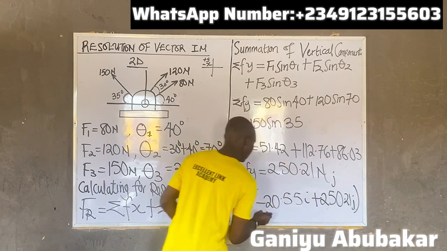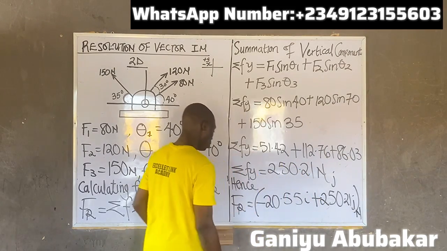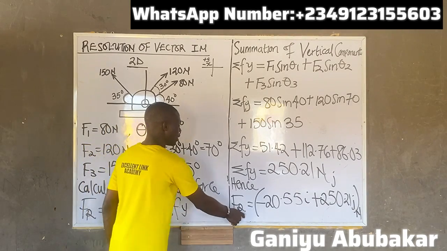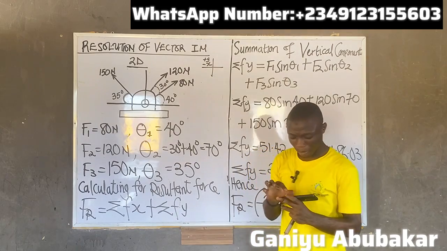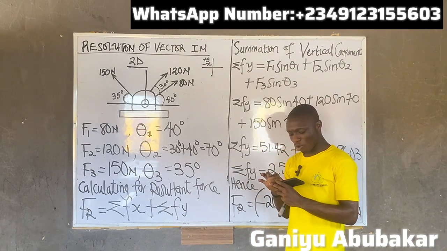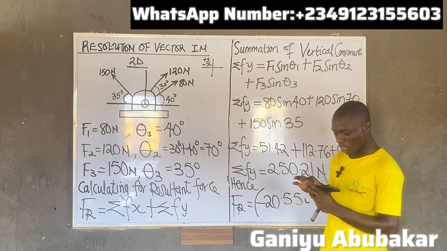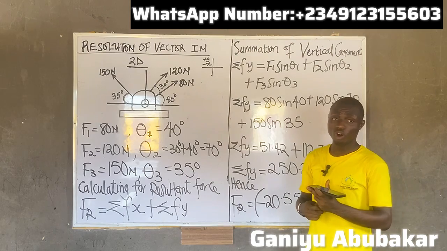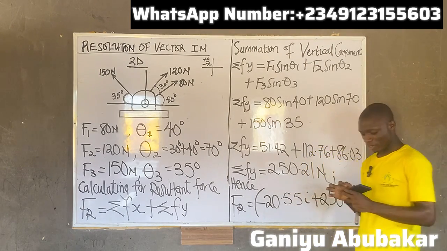I can put a bracket this way and attach Newton to the back. So this is how you calculate the value for the resultant force of this particular system. Let's calculate the magnitude of the resultant force.